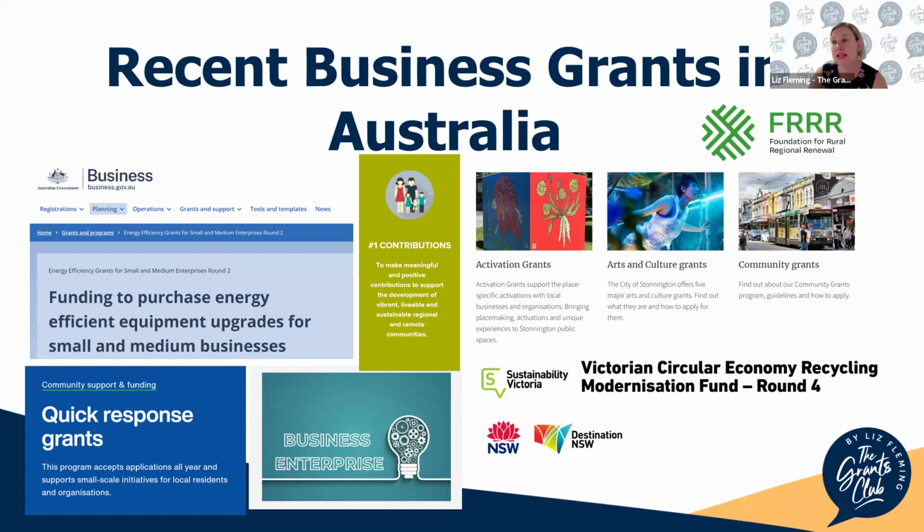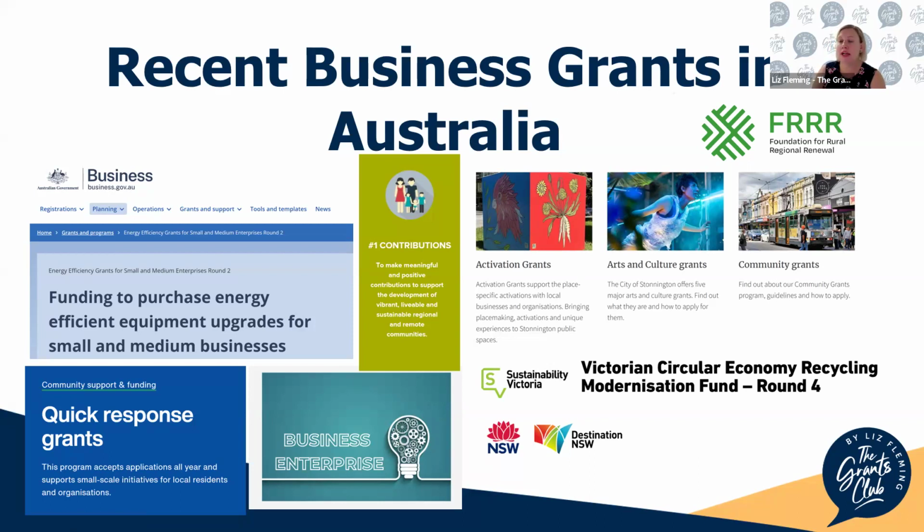Stonington Council is a great example where they do run a grant program every single year at the same time. So, you know, my clients have applied for those grants for the last 3 or 4 years. And the Foundation for Rural and Regional Communities as well, they facilitate the grant funding on behalf of the Australian government towards regional and rural communities, some disaster stuff, and a lot of small communities, and they have a number of rounds throughout the year as well.